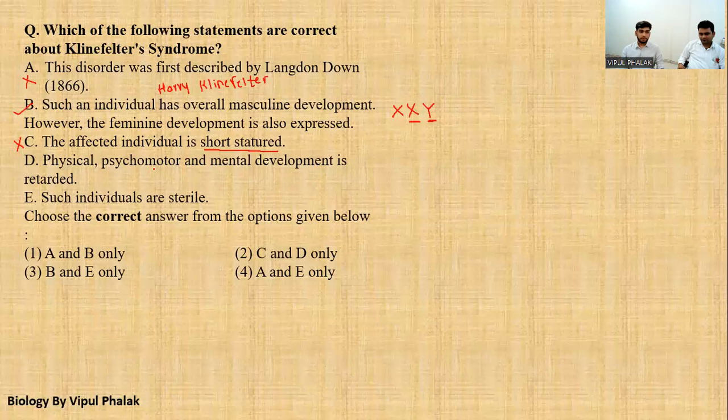D statement: physical, psychomotor, and mental development is retarded. These are the symptoms of Down syndrome. So this is the incorrect statement. And E: such individuals are sterile. This is correct because of the addition of an extra chromosome. Therefore, B and E statements are correct. Option third. Very good.